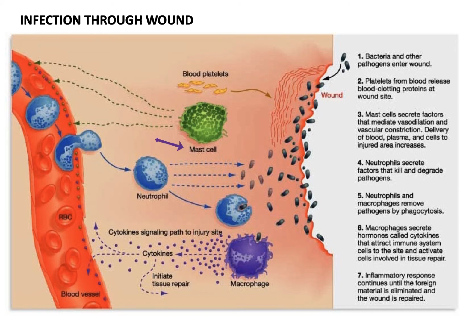And then the mast cells release that histamine that causes both redness in the area because it's dilating the blood vessels, and heating of that area, mainly caused by the increased blood flow to the area. So that's why a wound will often feel warm to the touch.